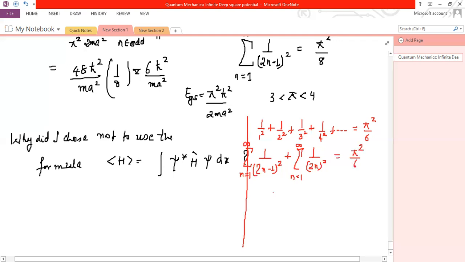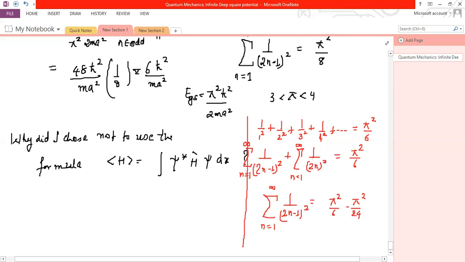If I want to find this, summation n equals 1 to infinity of 1 upon 2n minus 1 whole square would be simply pi square upon 6 minus pi square upon 24, I think. See, this is 1 upon 4 now, so you can take this 2 outside.